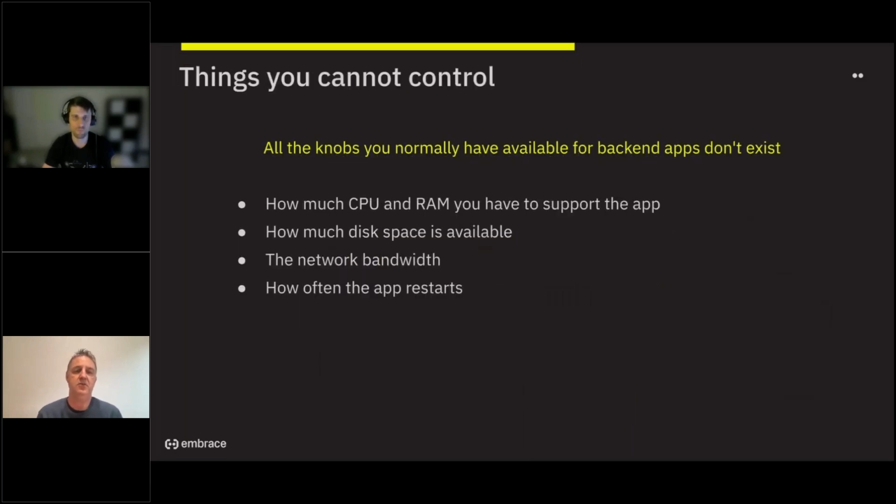And that leads me into the things that you normally are used to controlling for a backend app really don't exist. You have no say in how much CPU and RAM you have to support the app. It's whatever the device had. And things have certainly gotten better with a lot of newer devices having 4 gigs, 6 gigs of RAM and reasonable CPUs.